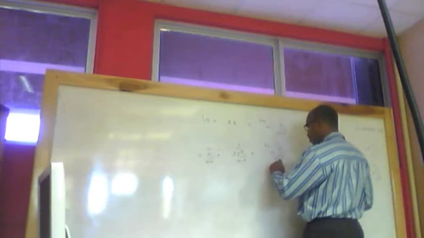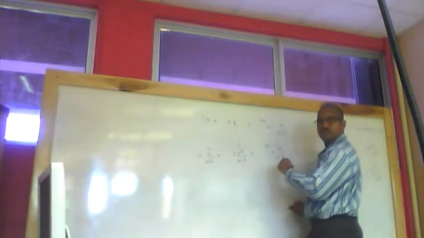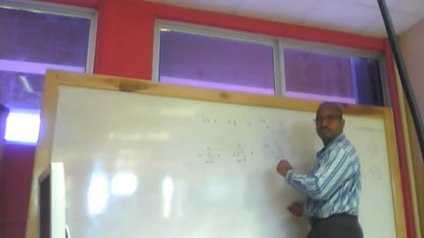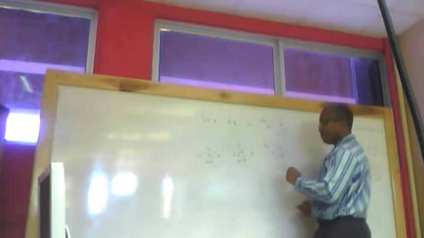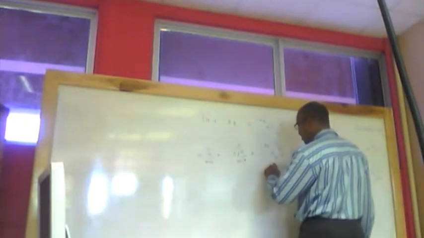You said n plus 1, so it'll be 2n plus 1. We're using the AP formula.